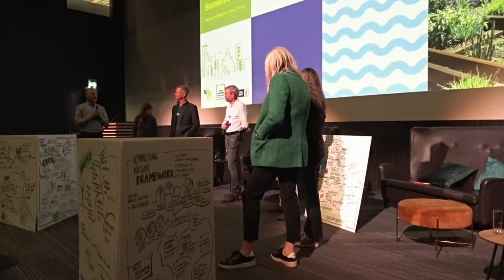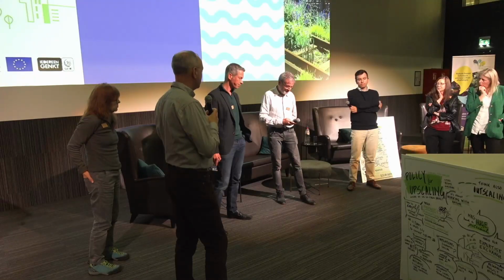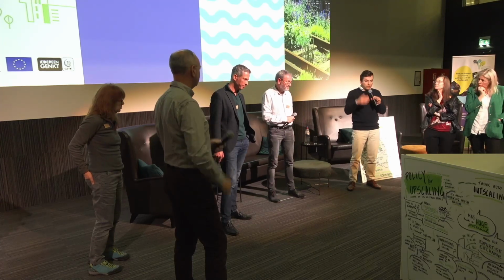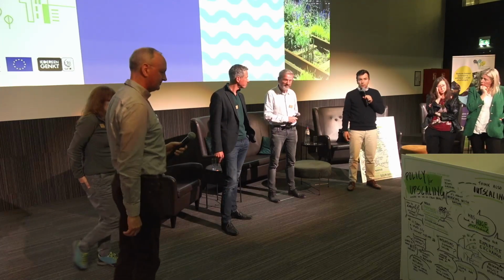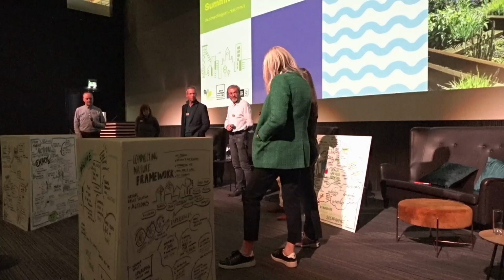And Toon, do you have anything in mind here that is jumping out? I took part in some sessions these days, and from my perspective as a city organization, there are three things that I think are important, and also things that we still struggle with.